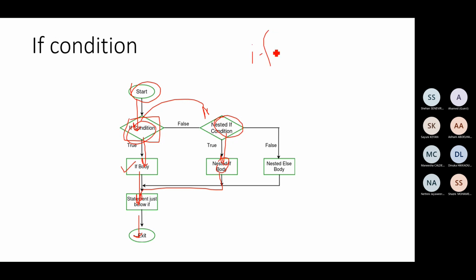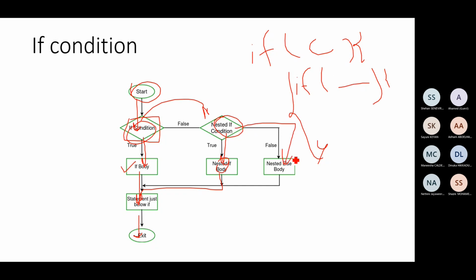That's like an if with a condition, and inside that scope there is another if with its own condition, inside the if, and there's a specific work to do. This is a nested if. And if the condition is false, it goes to the end. At a very high level, that's the whole story of the if condition.